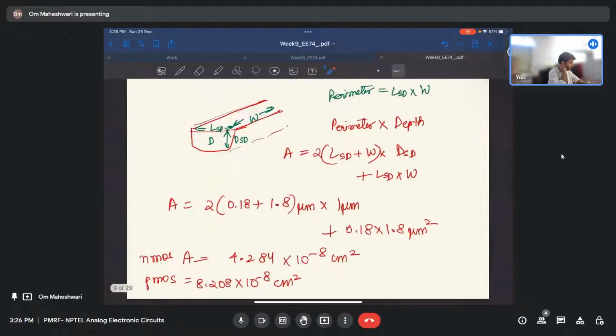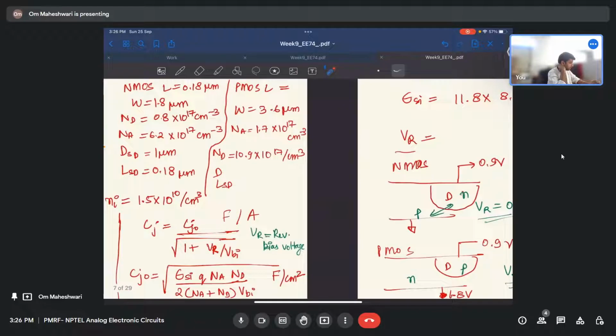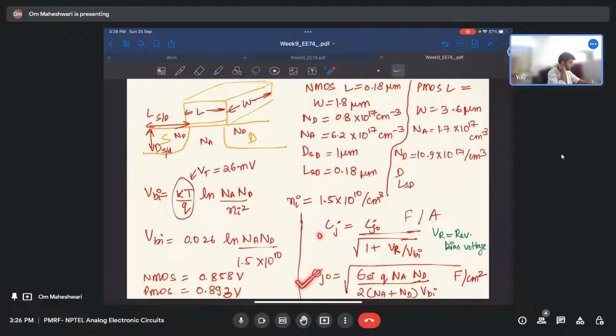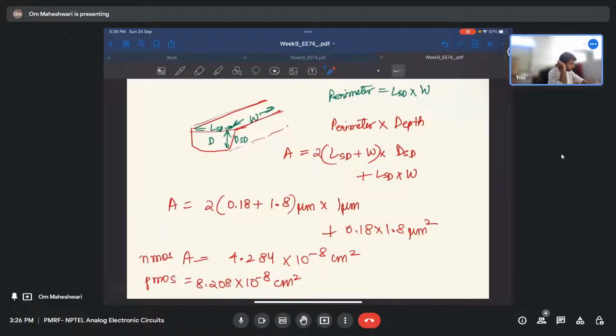So now we have area, we know the reverse bias voltage, we have epsilon, we can calculate this CJ0 and CJ. Then we will get it for NMOS and PMOS, and we can add it to get the final answer. I've not calculated it, but I'll write the final answer.